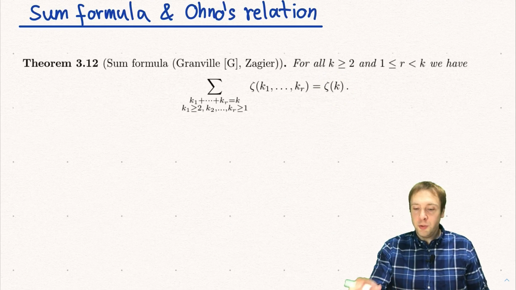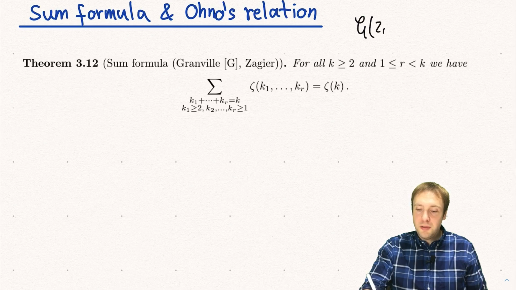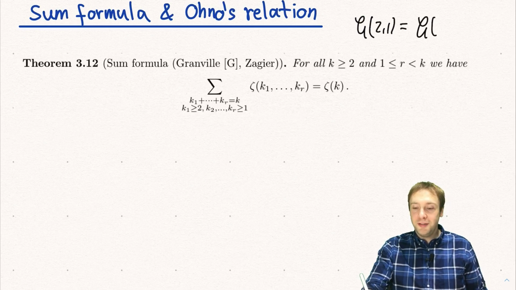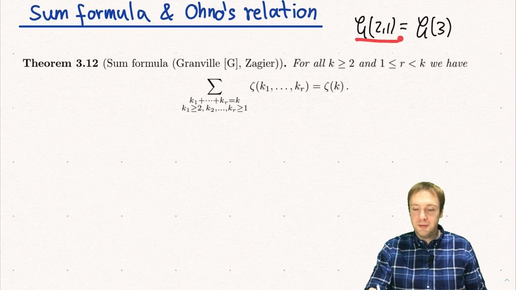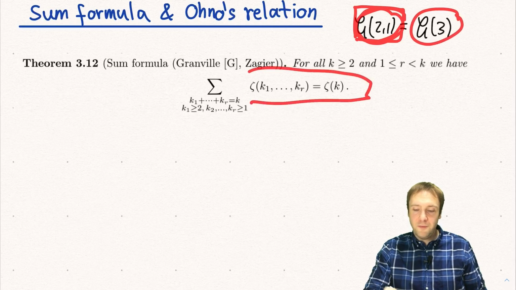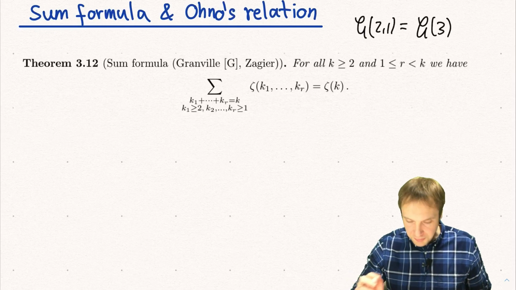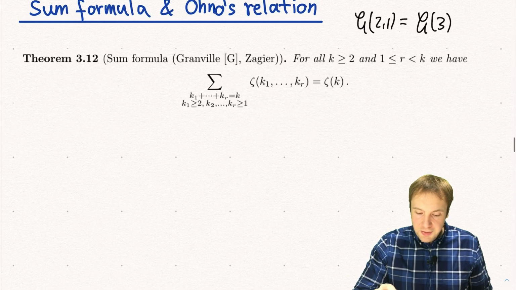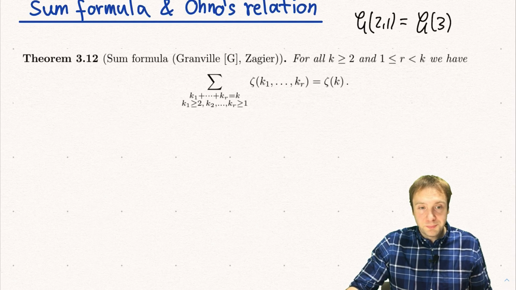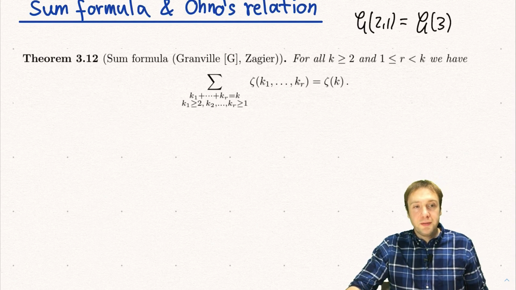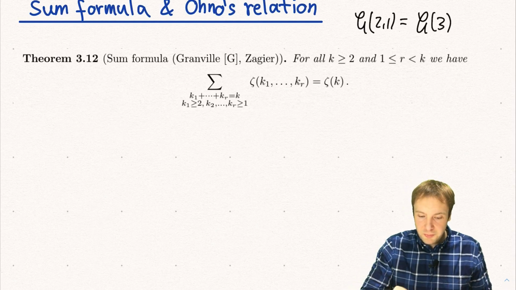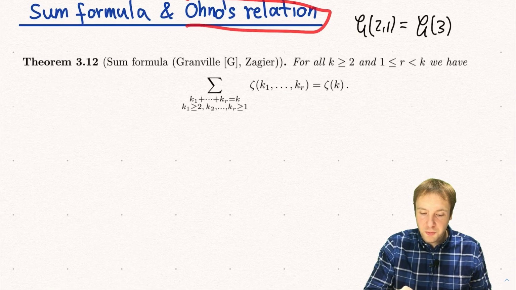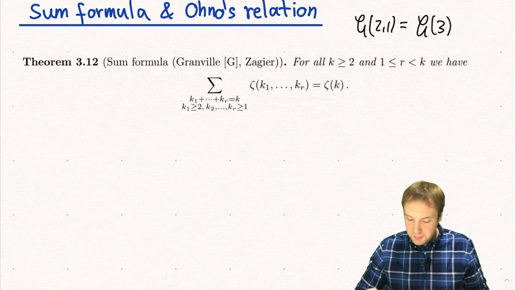And again, the one relation we always use, zeta(2,1) equals zeta 3, is one example of this, because in a fixed depth 2, this is the only admissible index, and therefore for this the sum formula should be zeta of this weight, in this case 3. And this we now want to generalize to the so-called Ohno relations, and for this we need some notation.